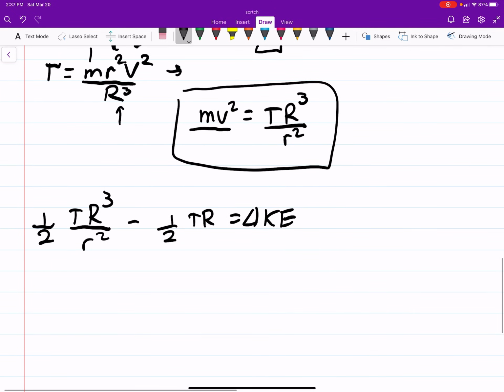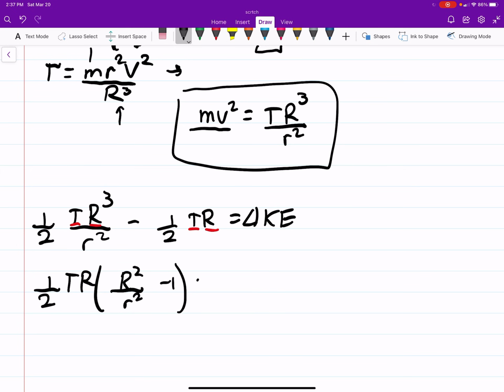To make it look the way they have it, we can factor out a 1/2. They all have a T, and they all have at least one R. So I can factor out T times R, and I'll get big R squared over little r squared minus 1, because that factors everything completely. And this is your change in kinetic energy.